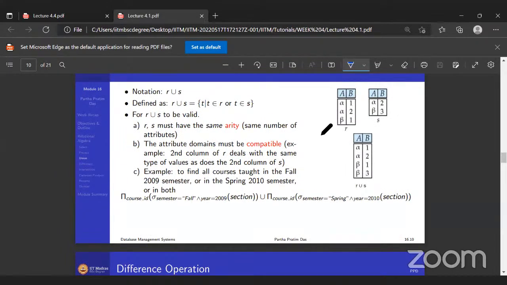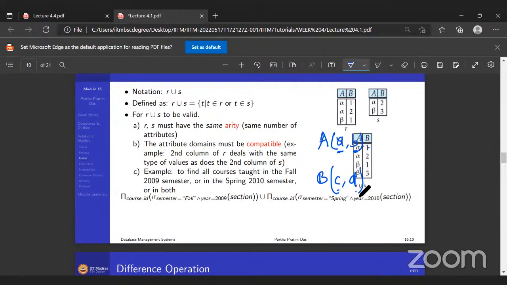Suppose you want to perform a set operation between A and B. The number of columns needs to be the same. Here you can see there are two columns, and there are also two columns. If A has three columns and B has two columns, then it is not possible to perform the set operation, right?